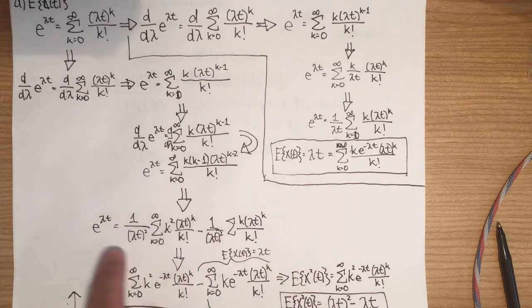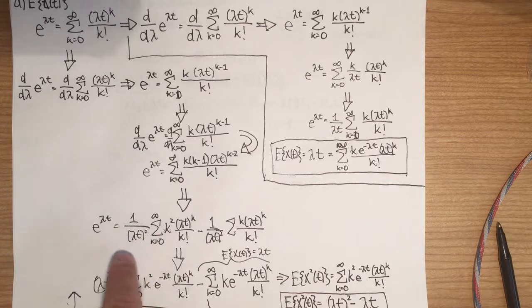You split them up first, and then you move e to the lambda t over to this side, which makes it for both parts of this side of the equation 1 over e to the lambda t, which equals e to the negative lambda t.